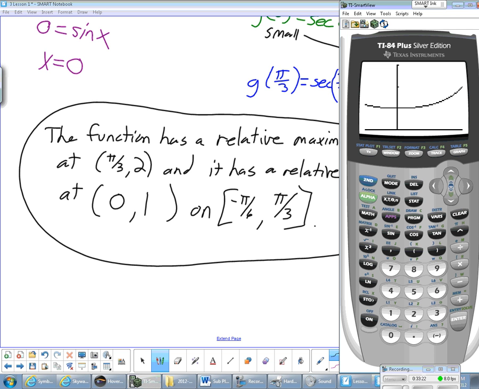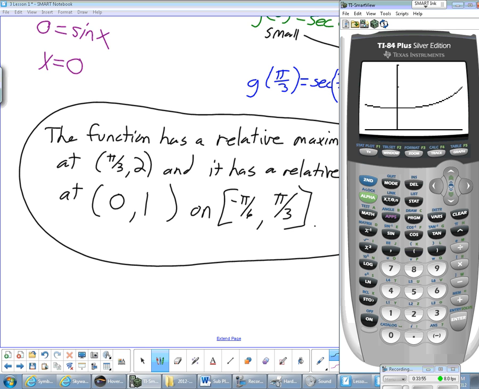And so coming back, let's double check this. Back to the graph. If I hit second calculate value of pi divided by 3, this should be 2, right? All right, what happened there? I think I know what happened. I think it's on the edge of my graph here. So let me second calculate value pi divided by 3. Yeah, it's on the edge of my graph.